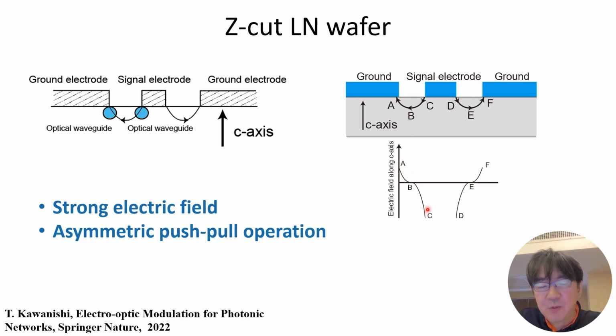So we utilize this point and this point, and we can get a large electro-optic effect. But the intensity of the electric field is not equal here and here. So the push-pull operation would be asymmetric. This is an issue.